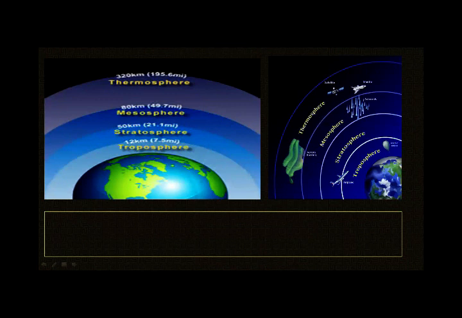To maintain the temperature of this air, after this layer, it is the exosphere. You can see this black surface. This is called the exosphere. And in this picture, you can see that this area is called the thermosphere.